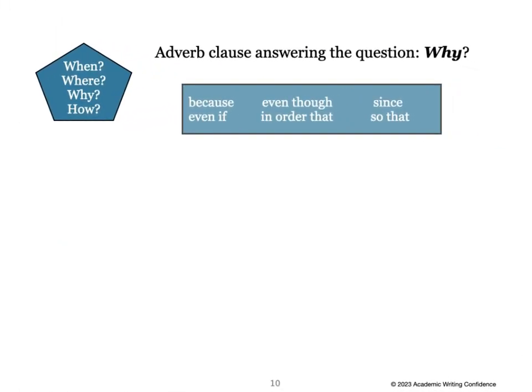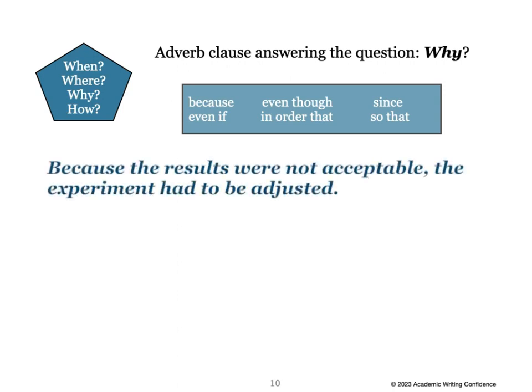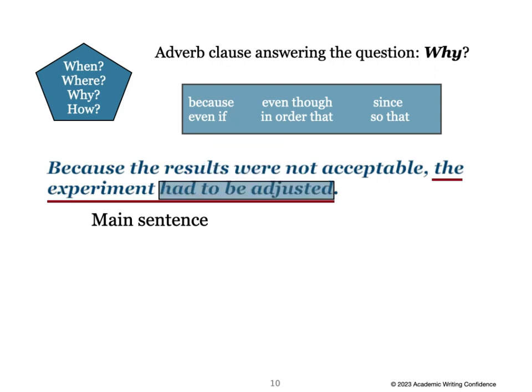Here are some adverbs that answer the question why. Because the results were not acceptable, the experiment had to be adjusted. The main sentence is, the experiment had to be adjusted. Why did it have to be adjusted? Because the results were not acceptable. The conjunction is the word because.